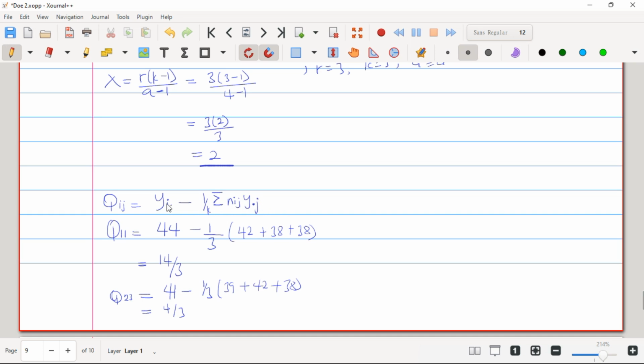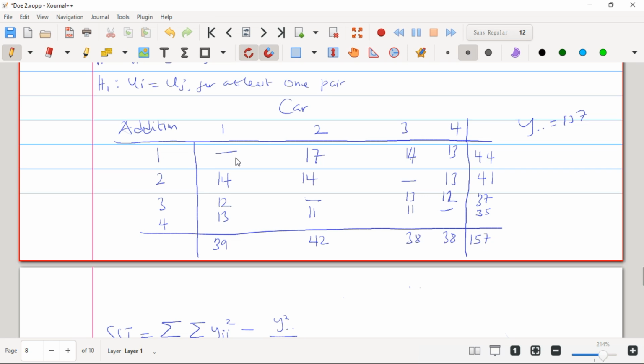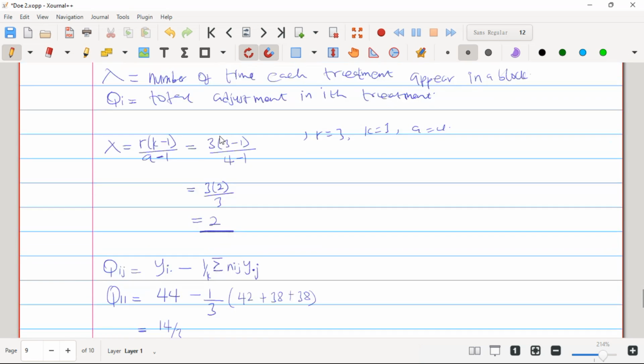The Yi dot is the summation of an individual treatment. Let's say, for instance, we want to calculate the treatment adjust. We want to calculate the adjustment for row 1, column 1.